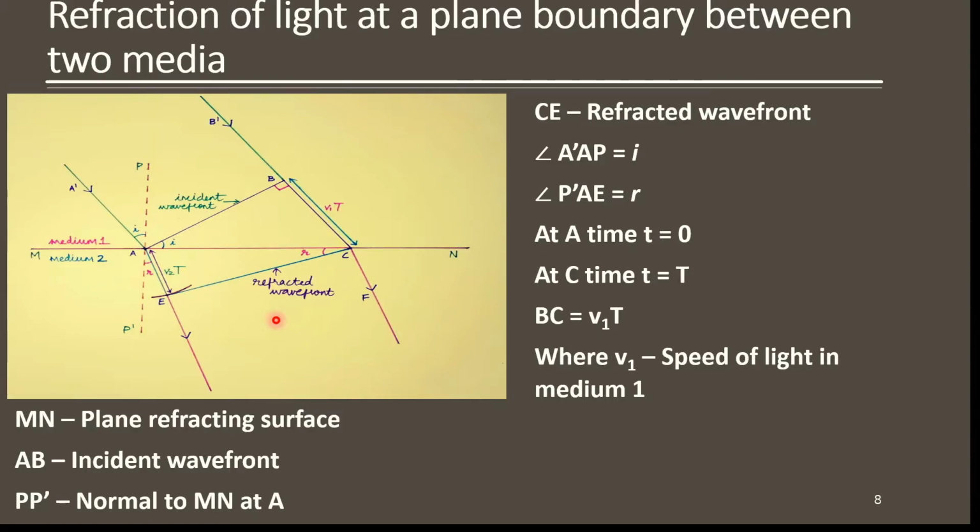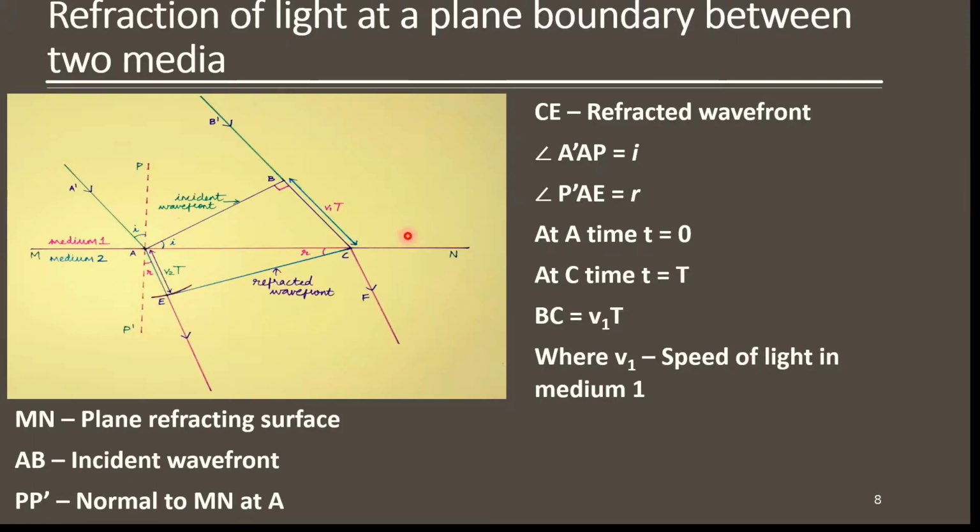The refracted wavefront will be the envelope of all wavelets emitted by all points between A and C during time t equal to 0 to t equal to t.